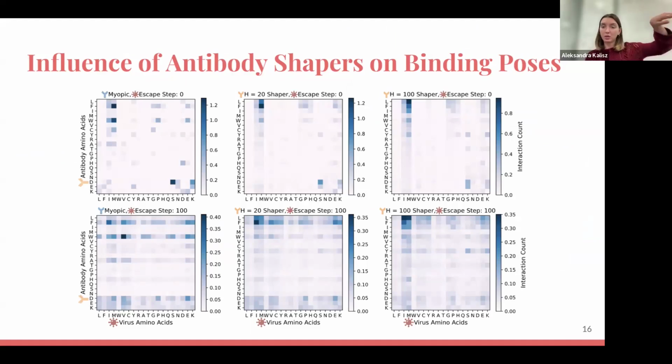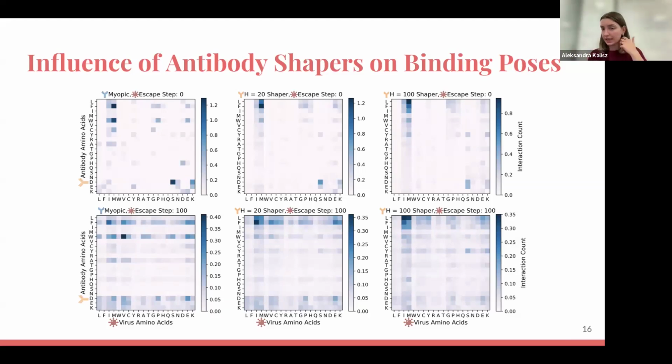At the top row, you can see the binding pose matrices when the virus hasn't done any escape, so the virus is just the starting virus. And at the bottom, it's after the full viral escape happens. From left to right, it's the antibodies that change: we go from myopic to the horizon 20 antibodies to the horizon 100.